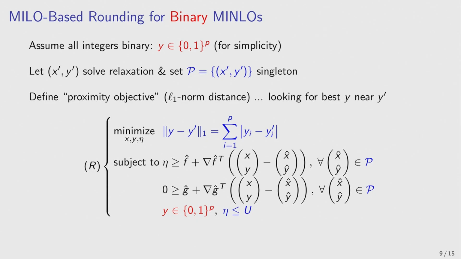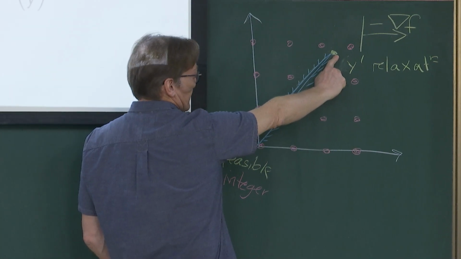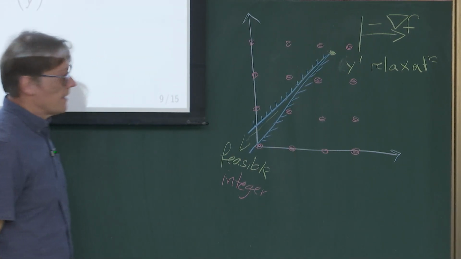And then we set up this problem where we're looking at a proximity objective or L1 distance norm to this relaxation that we computed here. So this is a continuous value. The yi prime is a continuous value that we computed. It's the solution of my relaxation. So that could be this value up there, for example. That would be my y prime.